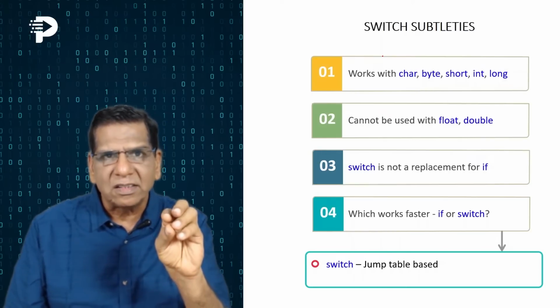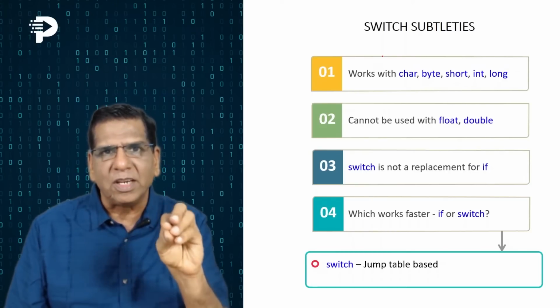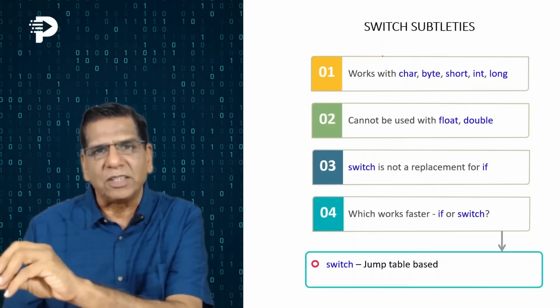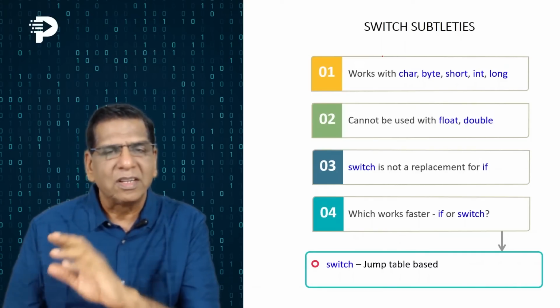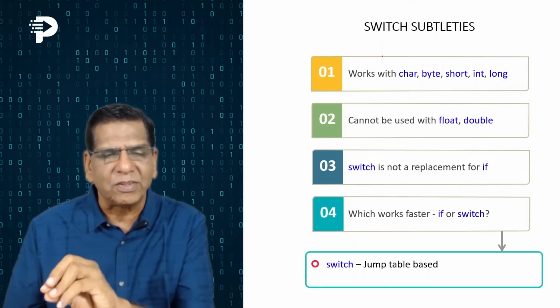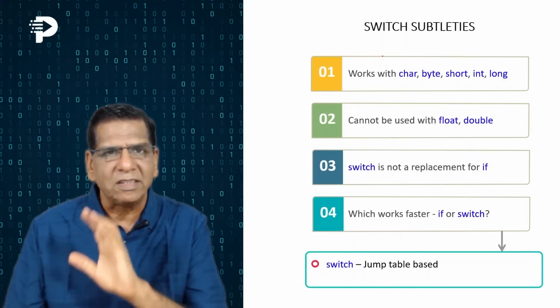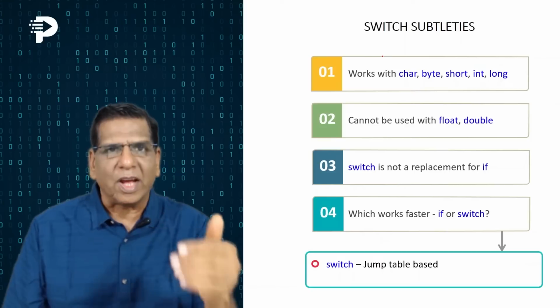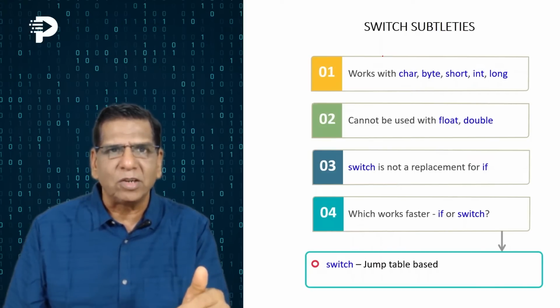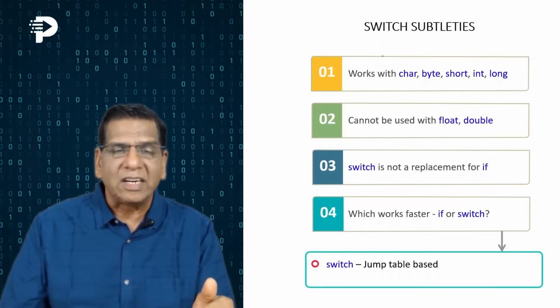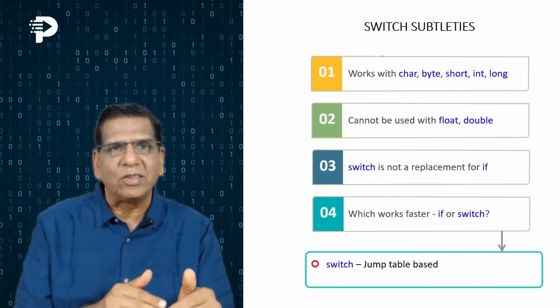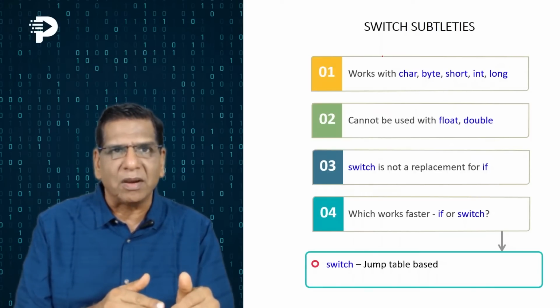It contains information that if value of a variable is this value, straightway jump to this particular address where the instruction for that particular value of switch or that particular value of case is kept in memory. For another value of variable that you are checking in switch, there is another jump instruction to which address should the control jump if that value is encountered in the switch variable.